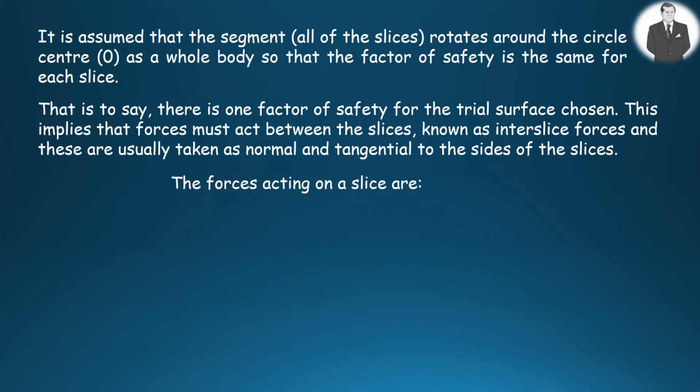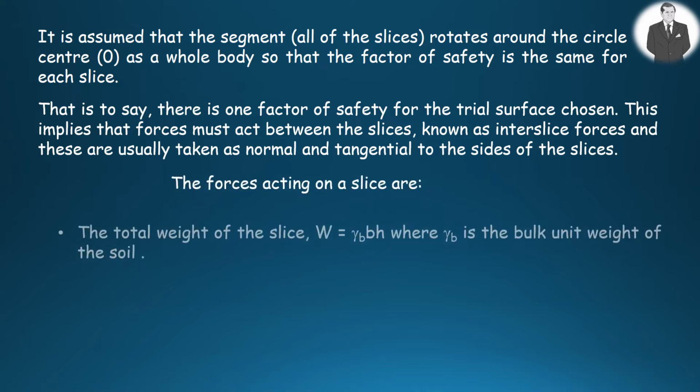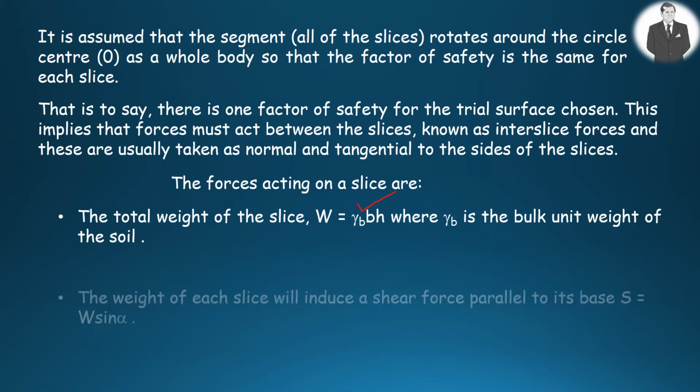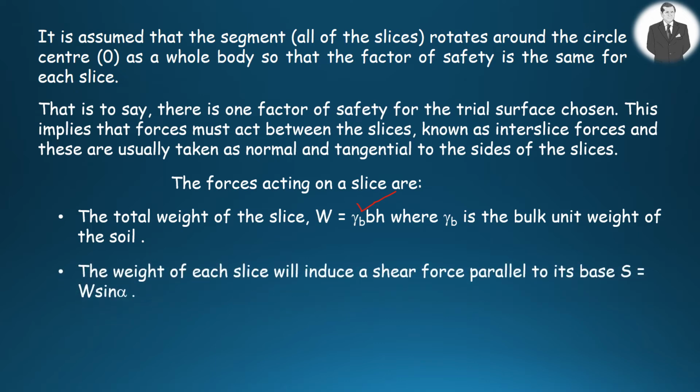Now, the forces acting on a slice are the total weight of each slice, which is equal to bulk unit weight of soil times width and the height of slice. The weight of each slice will cause a shear force parallel to its base, which is equal to weight of slice times sine alpha.